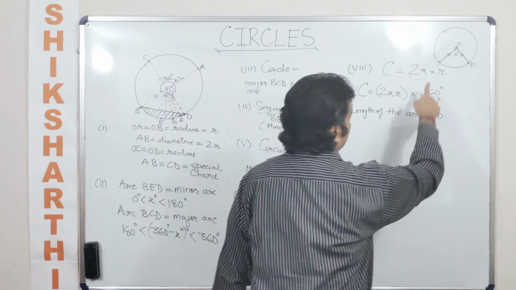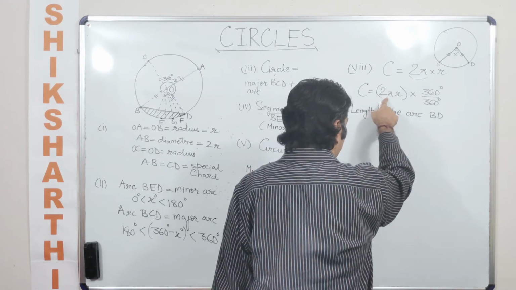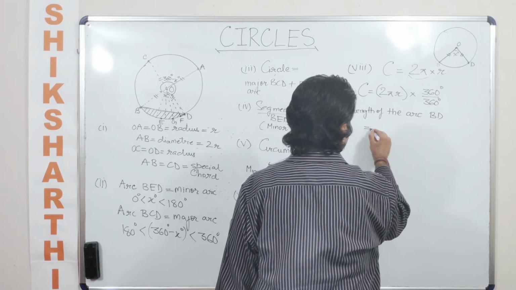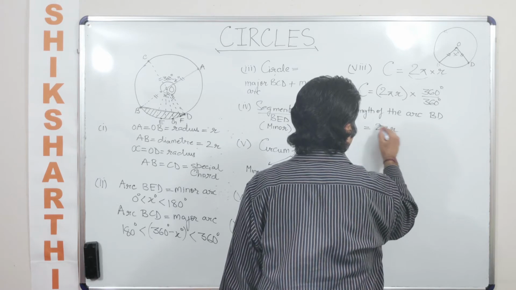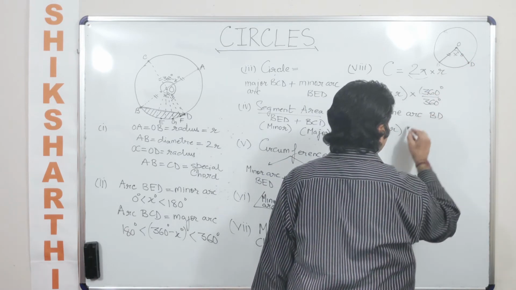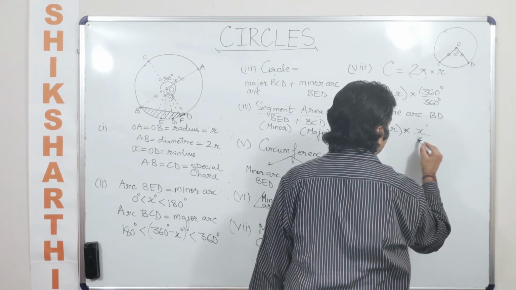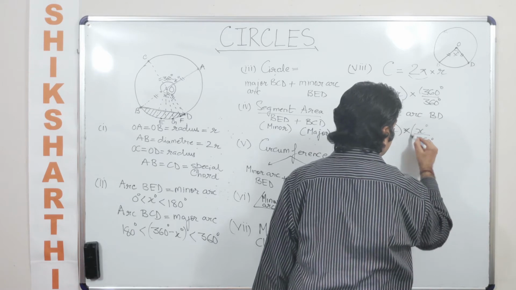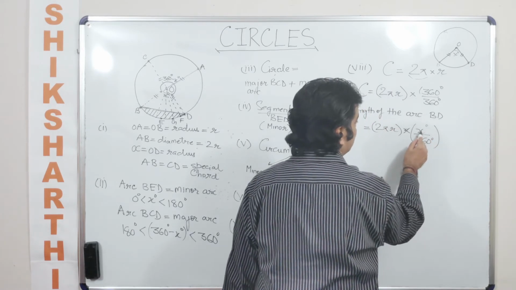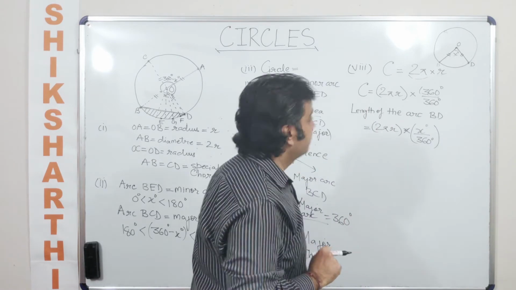So what is the length of the arc BD here? You can extend the formula from here itself. This is 2 pi r, and an arc would not subtend an angle of 360 degrees. It is subtending x degrees divided by 360 degrees, because had it been the entire circle, then this becomes 360 degrees upon 360 degrees. This is the length of the arc BD.